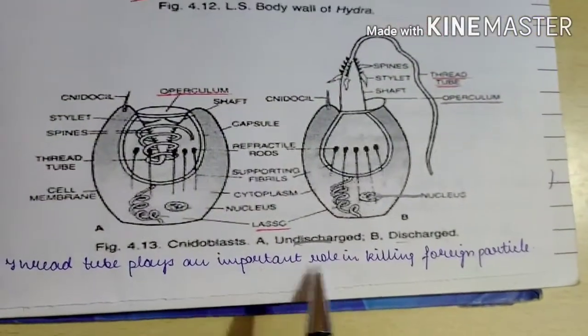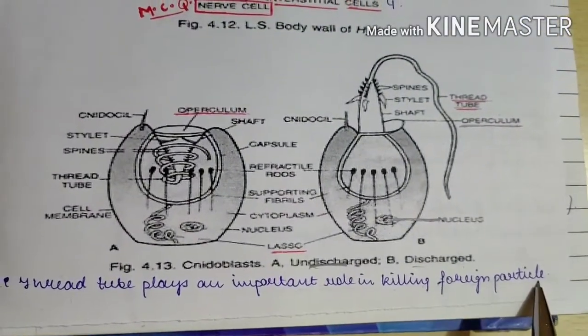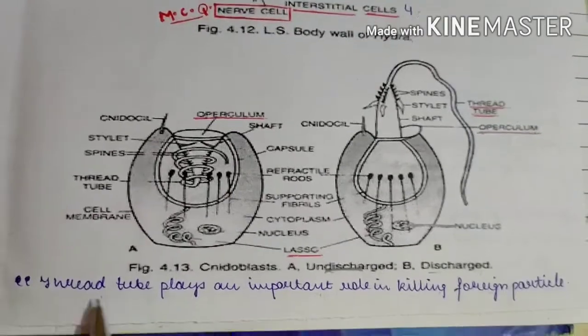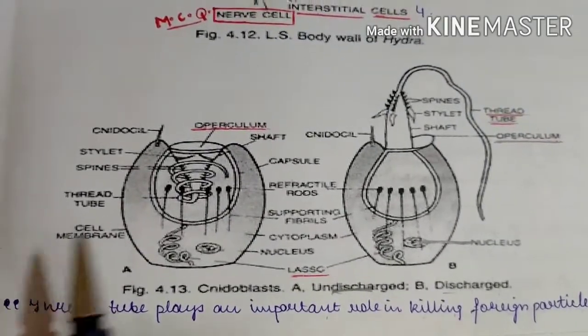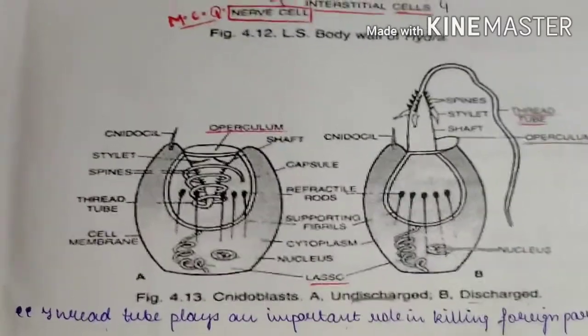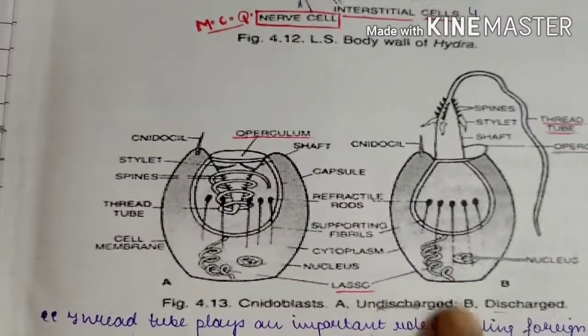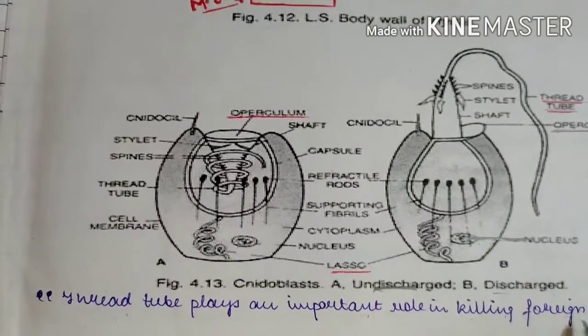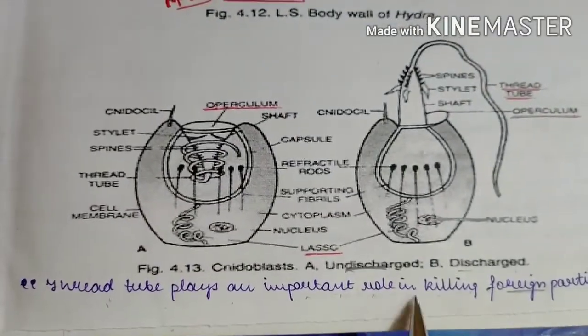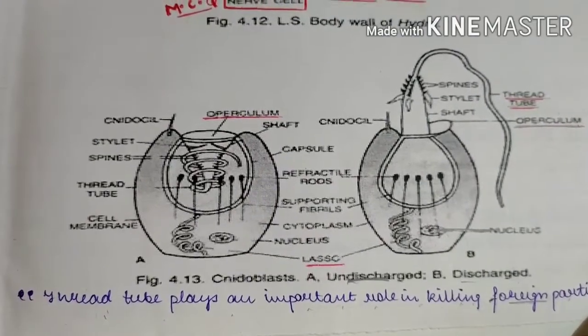The thread tube plays an important role in killing foreign particles. We read earlier the nidoblast discharges the thread-like tube which wraps around the prey or an organism, which injects the hypnotoxin in their body and paralyzes them. So the thread tube plays an important role in killing foreign particles.